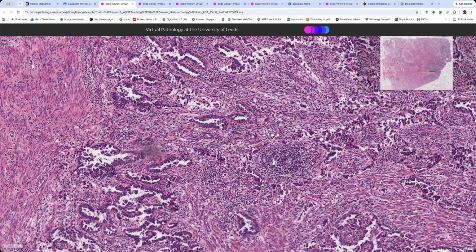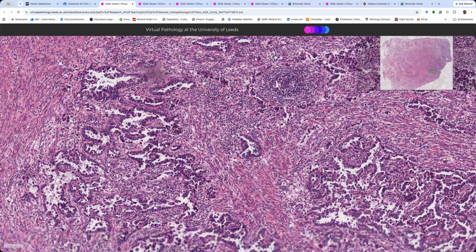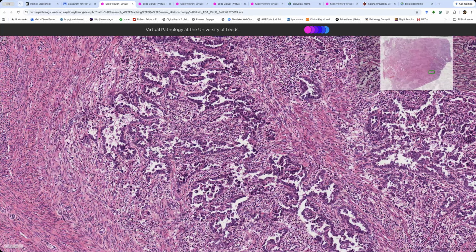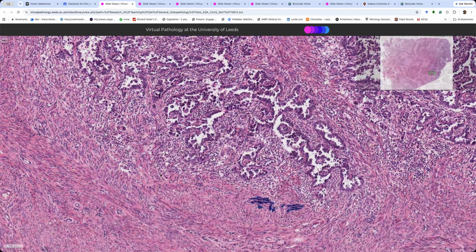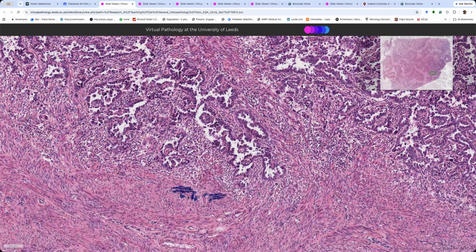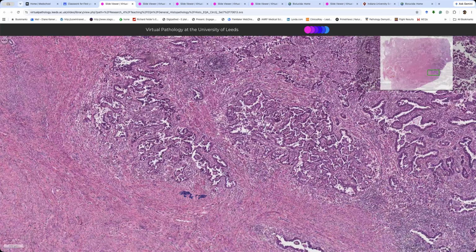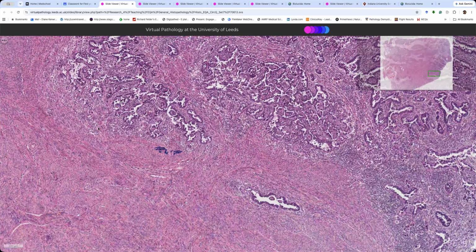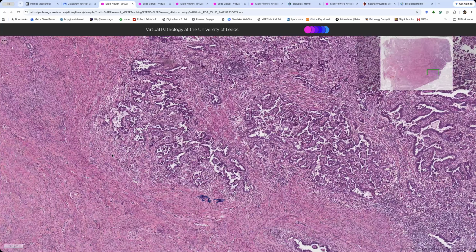And in this spready bit out here, we've got smooth muscle all around these little glands through here. And once they've got smooth muscle all around them, it is invasive. And here someone's made a mark on the slide, I think, to hopefully identify that this bit is definitely invasive.